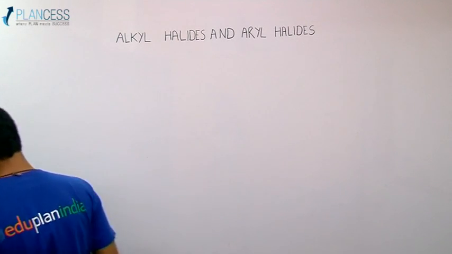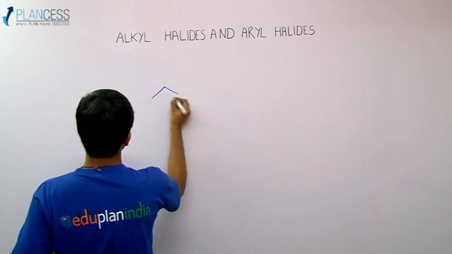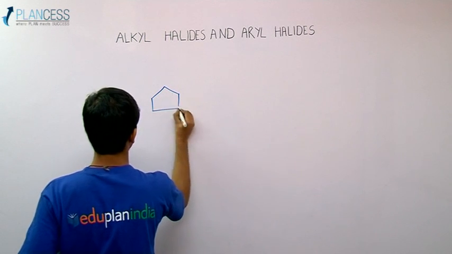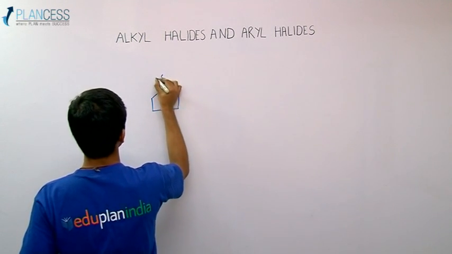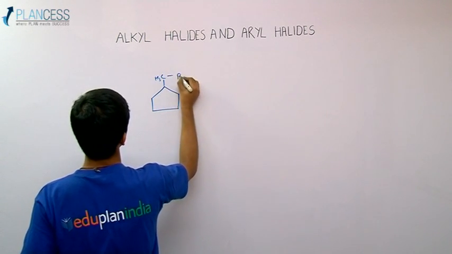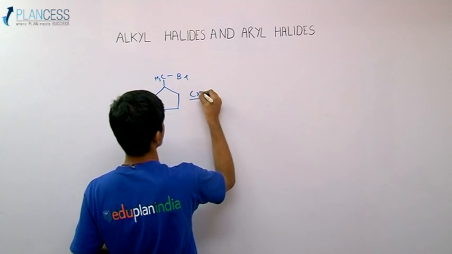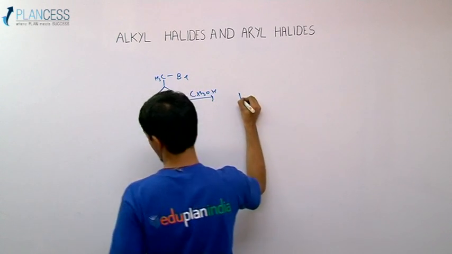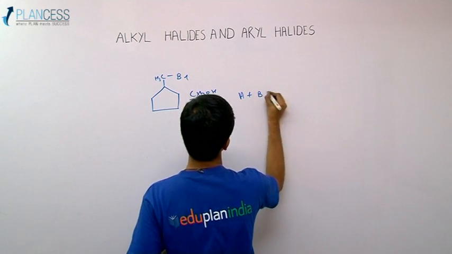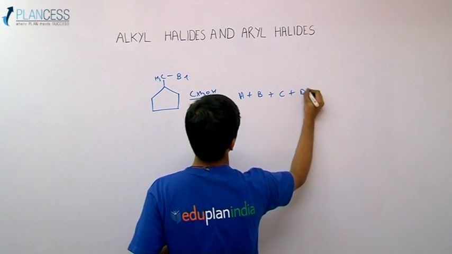The question says this compound CH3Br, when it is reacted with CH3OH, you get A plus B plus C plus D plus E.